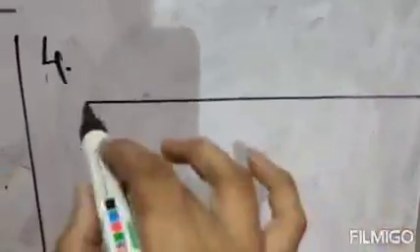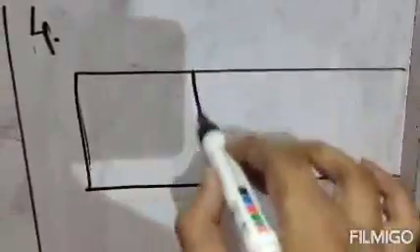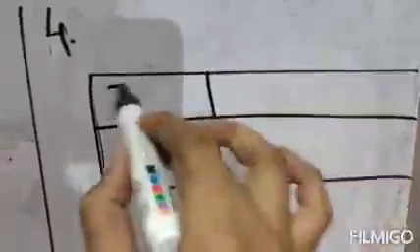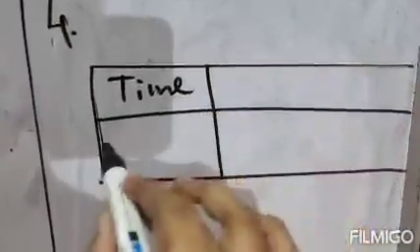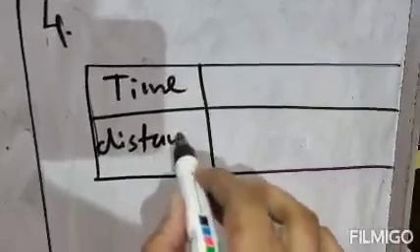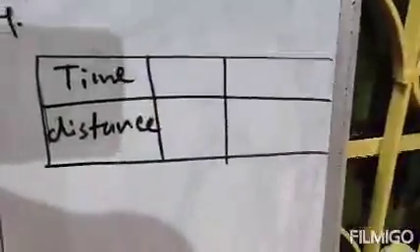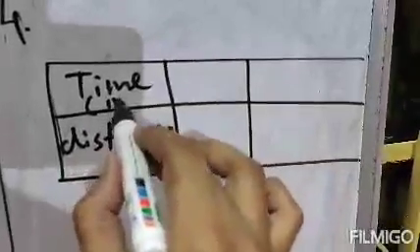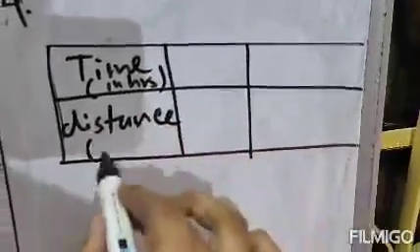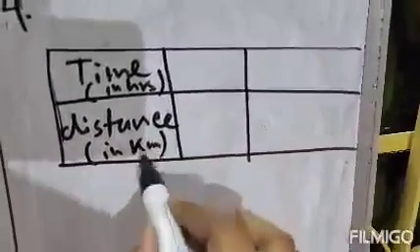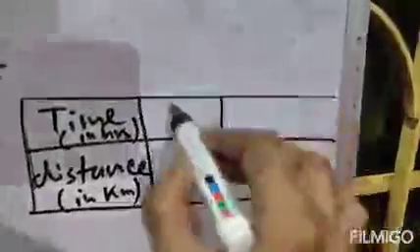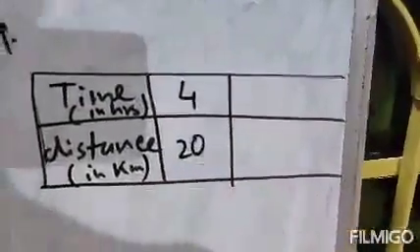So try to make a box. One is your time and the other is your distance. Time is given in hours, so write hours, and distance is given in kilometers, so write kilometers. So in 4 hours the motorboat covers 20 km.